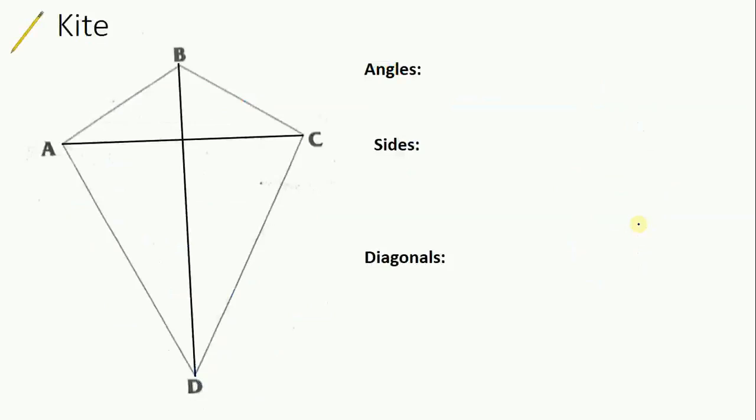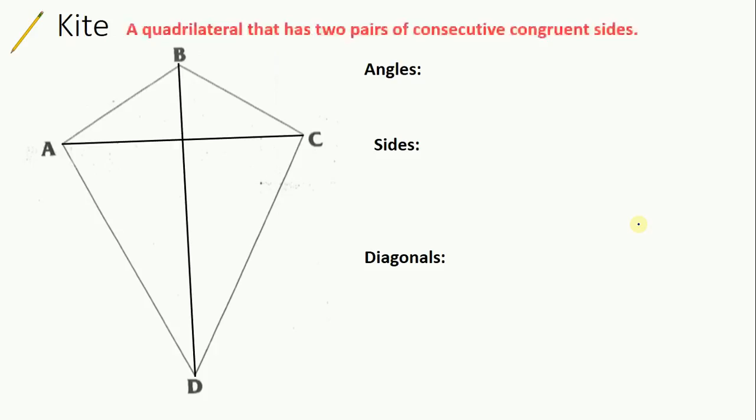Now, in your notebook, you're going to need to take down some notes because kites are not in your quadrilaterals foldable. What, in fact, is a kite? You've seen them before because you've kind of flown what's known as a kite in the sky. Kites are a quadrilateral that has two pairs of consecutive congruent sides.